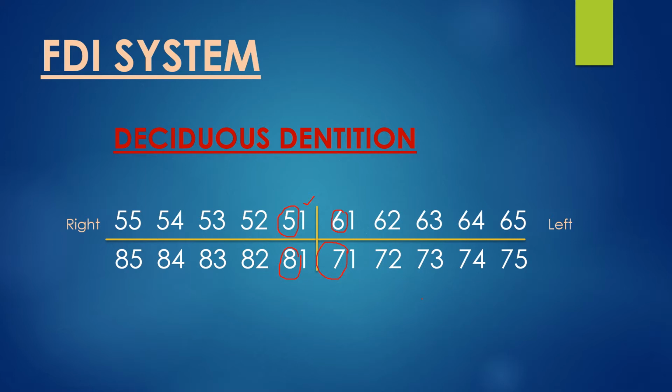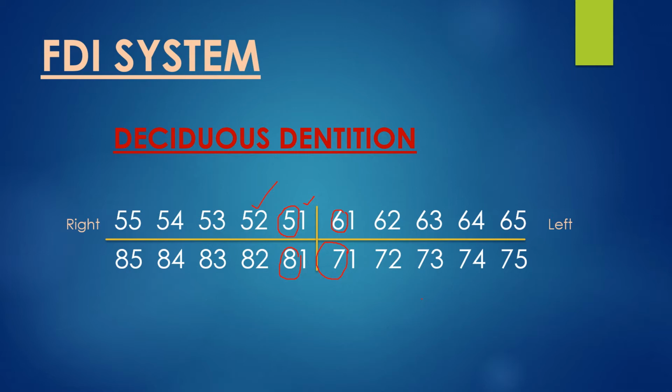So as we can see in this 5-2, number 5 denotes the upper right quadrant, and number 2 denotes the tooth number, that is lateral incisor. So 5-2 is showing the upper right lateral incisor.